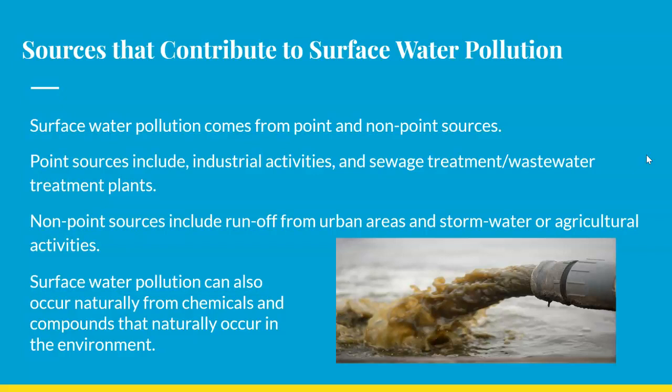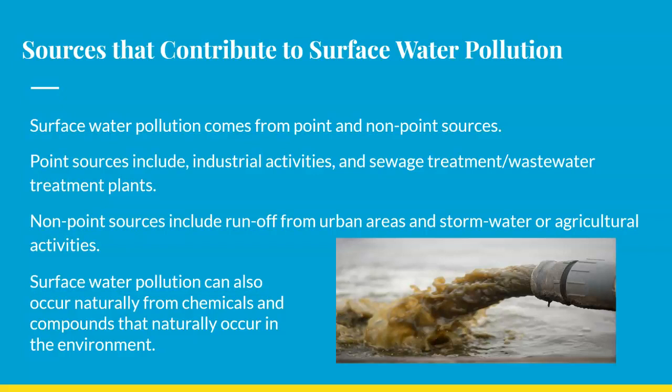Surface water pollution comes from point and non-point sources. Point sources are any source of pollution where the injection point of the pollution into the water source can be identified. Some examples of this would be industrial activities or sewage treatment or wastewater treatment plants. Non-point sources include runoff from urban areas, stormwater, and agricultural activities.